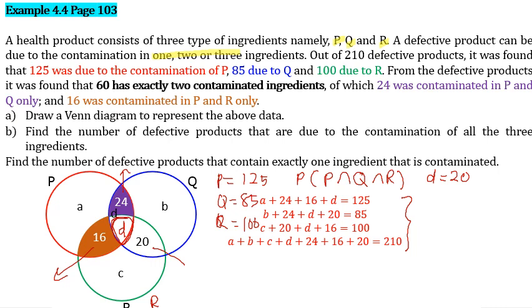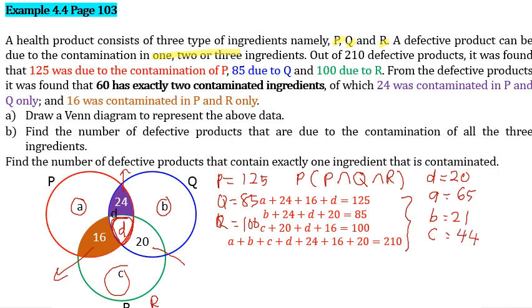So lastly, find the number of defective products that contain exactly one ingredient that is contaminated. So we have to find the value of A plus B plus C. From the information given, we use the simultaneous equation. We get A equals to 65, B equals to 21, C equals to 44.